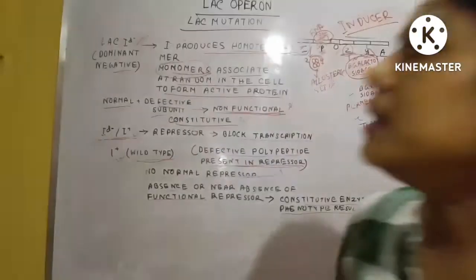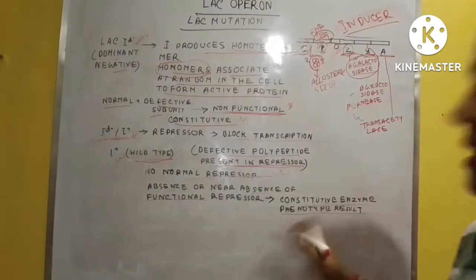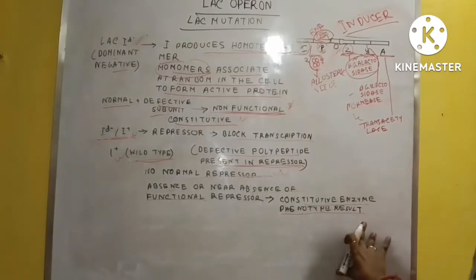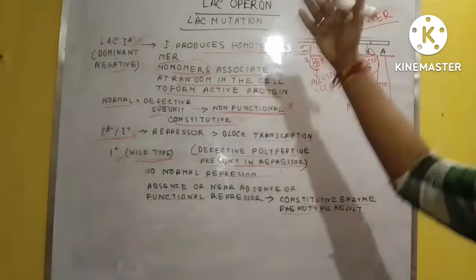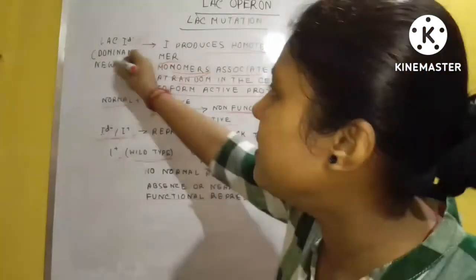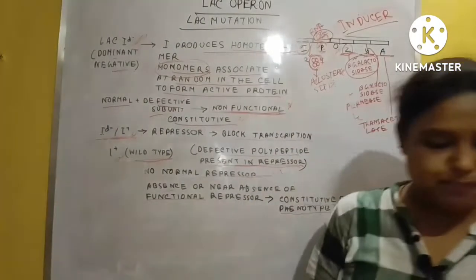Okay, the D is the dominant. So we can understand that the constitutive enzyme phenotype results. Clear? So this is the ID mutation, ID minus, that is the dominant negative mutation. So these are the mutations today.